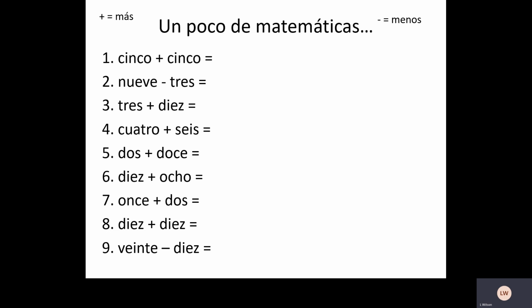Número 7, 11 más 2 son 13. Número 7, 13. Número 8, 10 más 10 son 20. Número 8, 20. Número 9, 20 menos 10 son 10. So, número 9, 10.